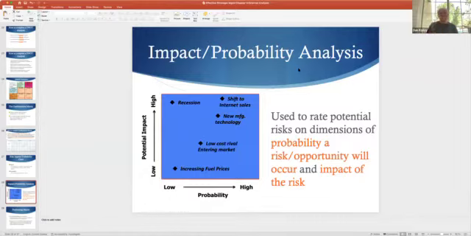Now, what decision makers are looking for are the ones that live in the top right quadrant. They're not concerned about the stuff that lives down here, not so much over here. They're looking for this stuff up here: high probability, high impact.